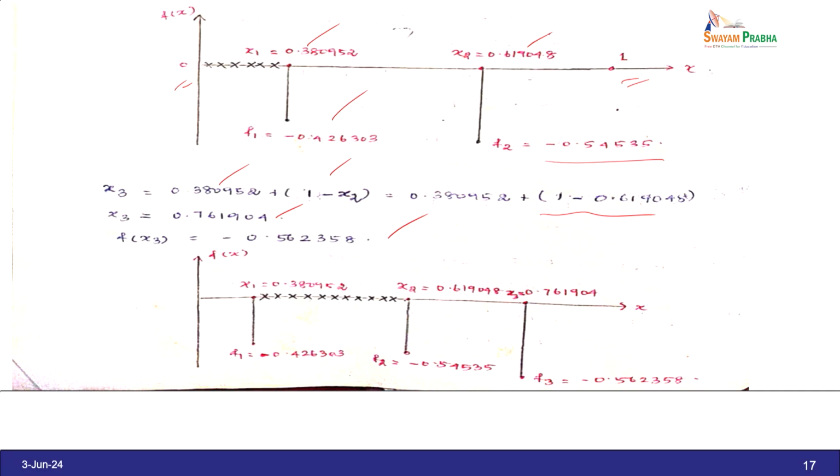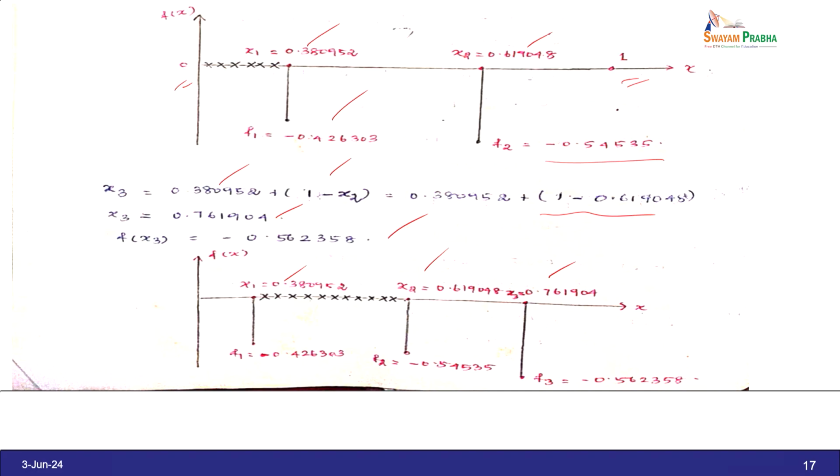Now, we have x1, x2 and x3 and corresponding f1, f2, f3, compare them. f1 value is minus 0.426, f2 is minus 0.54, f3 is minus 0.56.